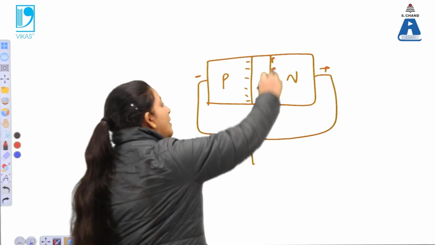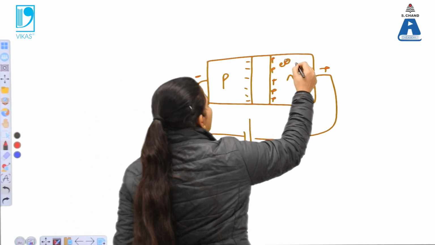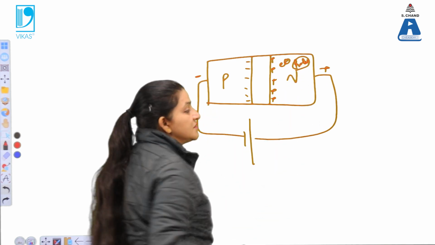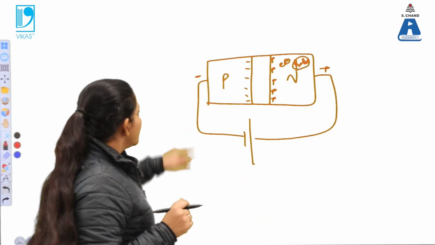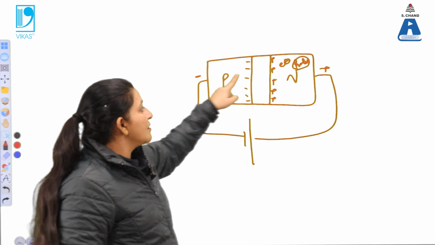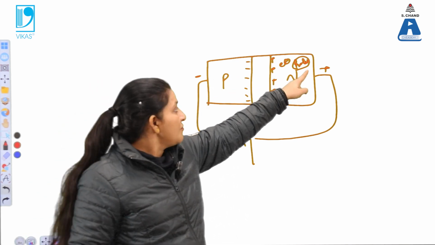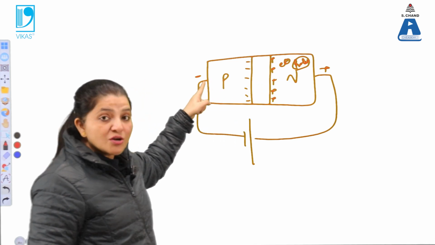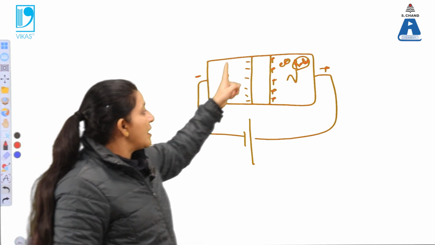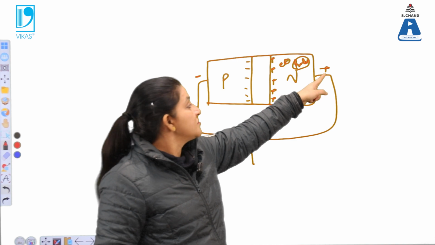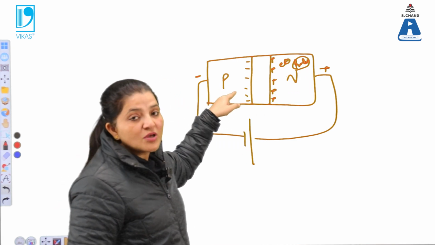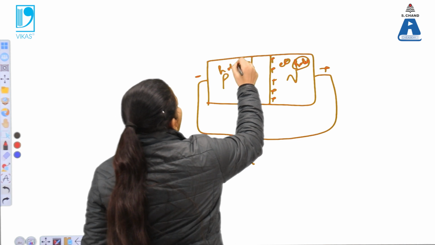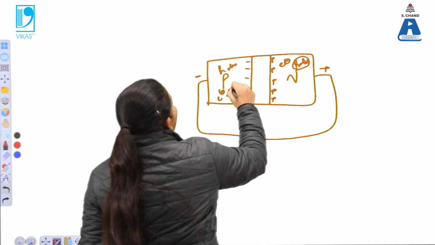Now we know that here electrons are majority carriers and holes are minority carriers. Holes are present in a very small amount. Now this positive charge can attract the holes, so the charge carriers start moving in the PN junction. And also this positive can attract electrons from the P, because in the P type the holes are majority while electrons are minority carriers.